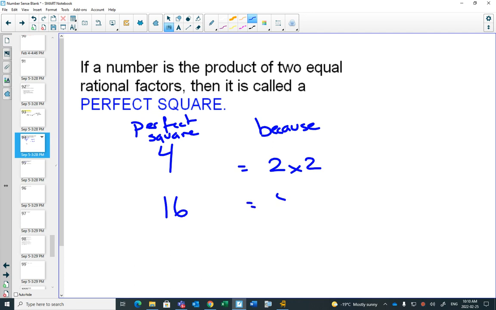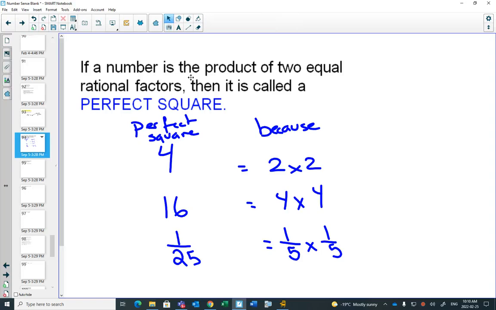Because it's equal to 4 times 4. 1 over 25 is a perfect square because it's equal to 1/5 times 1/5. So anytime you can multiply two rational factors together to make something work out perfectly, you have a perfect square. Okay.